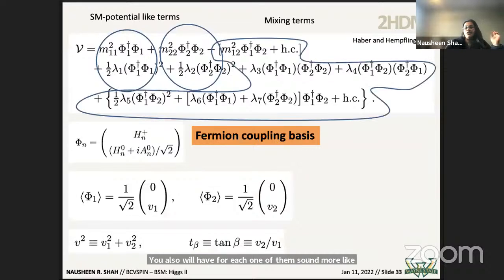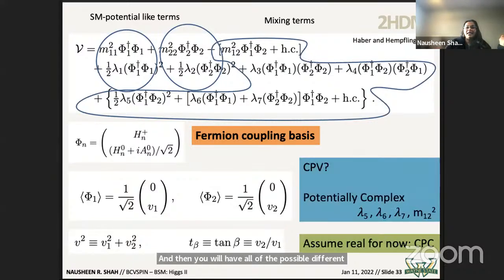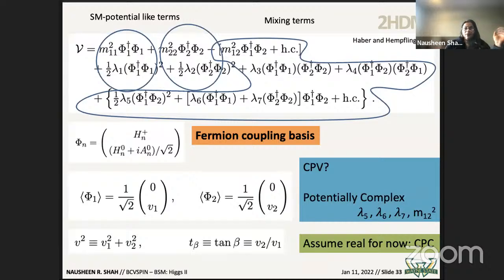And then you'll have all of the possible different mixing terms between all of these different Higgses. Here, you also have the possibility of CP violation if these couplings were complex. But for the time being, just assume that it's CP conservation, so CPC. So you assume that they're all real.